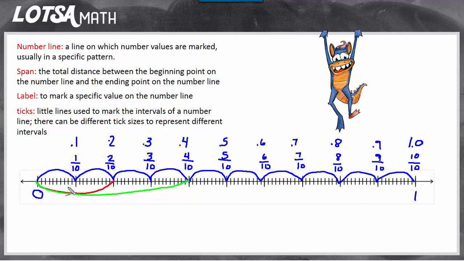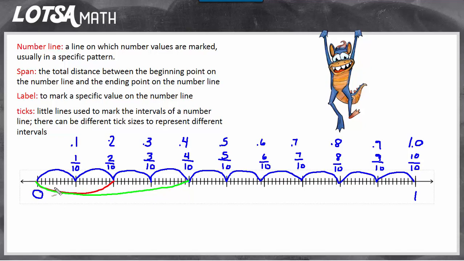But the smaller ticks are not tenths anymore. So what we would want to do is see how many spaces make up this line in the smaller ticks. And what I can do is just count the spaces on one of them. So from here to here would be 1, 2, 3, 4, 5, 6, 7, 8, 9, 10.